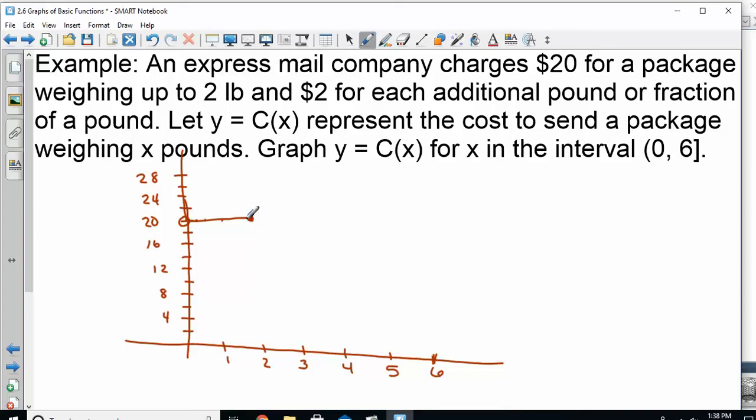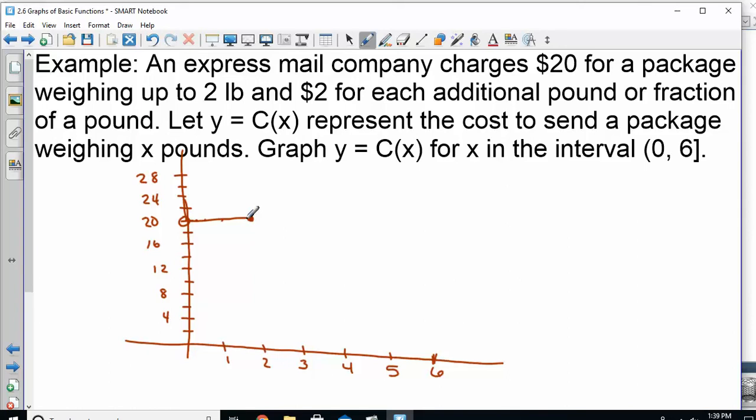Now, as soon as your package goes past that 2 pound mark, so if it weighs 2.01 pounds, what do they do to your cost? They add $2. So after 2 pounds, my price is now $22. How long do I stay there? For each additional pound.